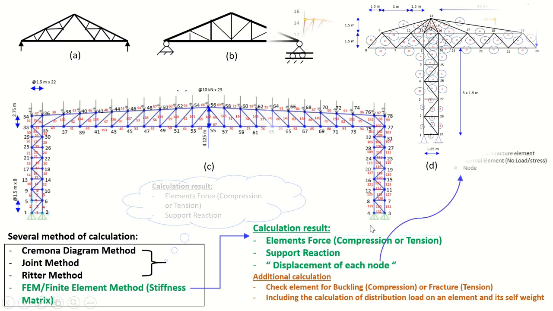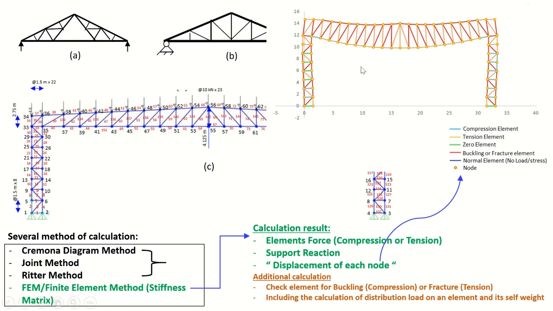Let's see. Here I show you a calculation I have made with my application program. For example, I give a load on each node, and you can see the result, the displacement of the nodes.